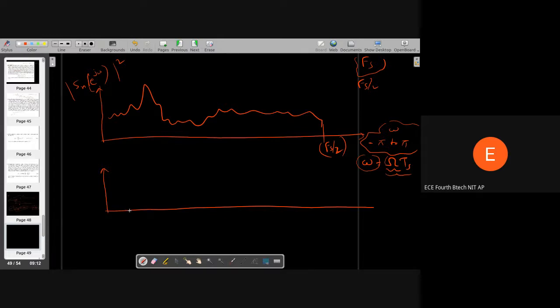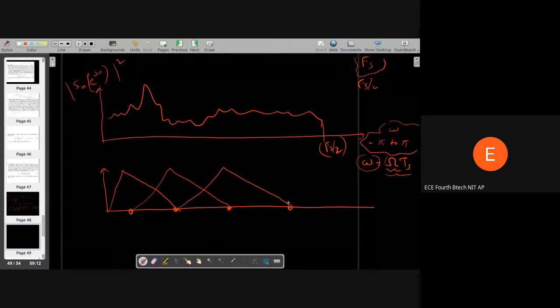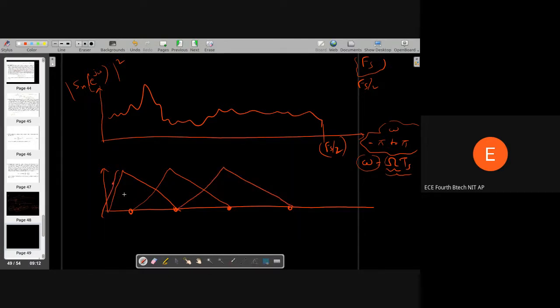Anyhow, we have this Mel filter bank, where this is a straight line equation, and this, and this, and this. We'll talk about that straight line equation.